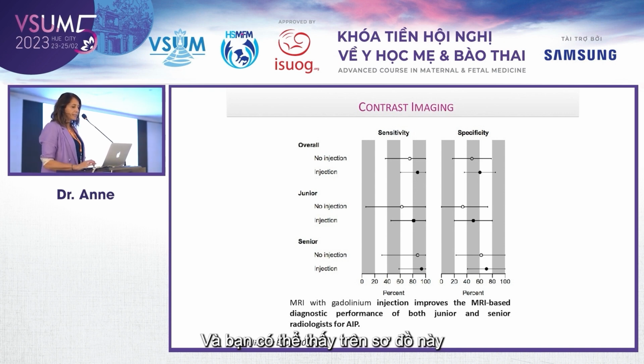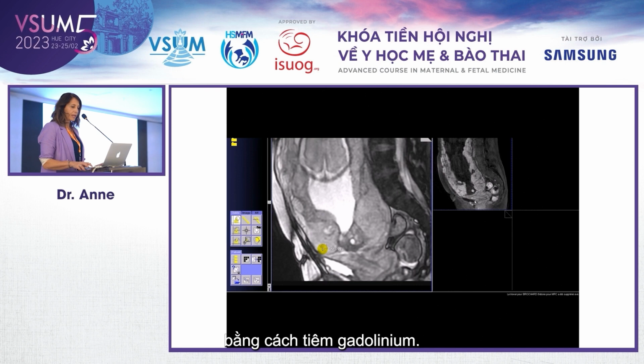You can see on this diagram that it's more helpful for non-experienced operators. I mean that for junior radiologists, it's probably useful due to the better contrast between the placenta and the myometrium with injection of gadolinium.